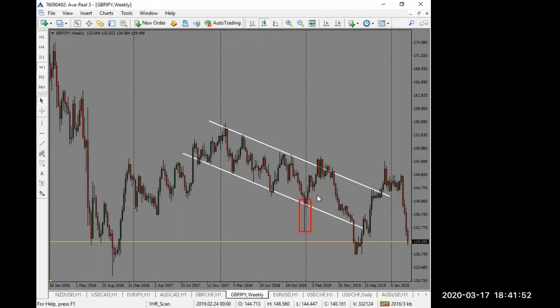So let's say you're trading a strategy that involves taking trades at the bounce of this moving average, for example, or rather this trend line, at the high of this trend line.